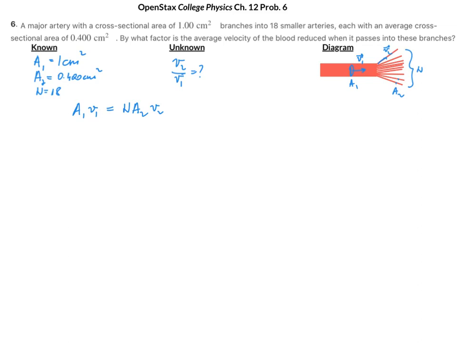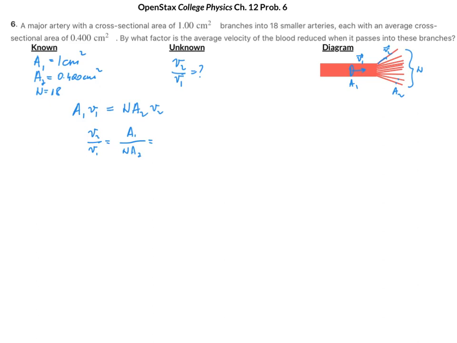So we're looking for V2 divided by V1, so that will be A1 divided by n A2. And I'm not going to convert from centimeter squared to meter squared because both top and bottom here have the same units in them, so they're going to cancel out.